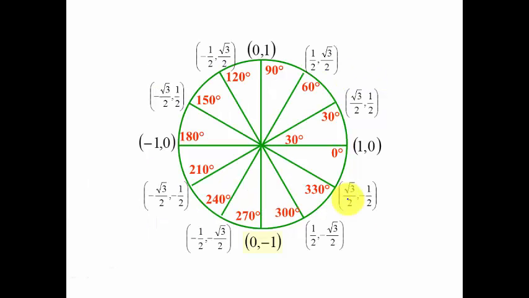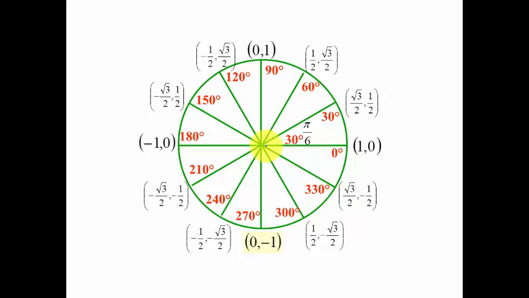Now we could divide this circle into 12 pieces, and so they would all be 30 degrees, and of course we want these in terms of radians again, so each of these segments would be pi over 6. The pattern here is they are all square root 3 over 2 and 1/2 in some order, with appropriate signs for quadrants.